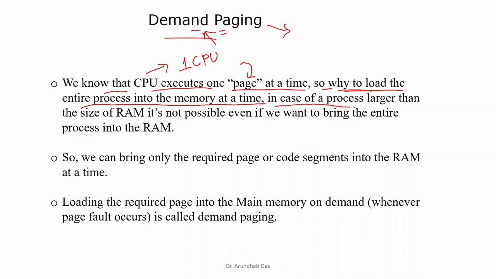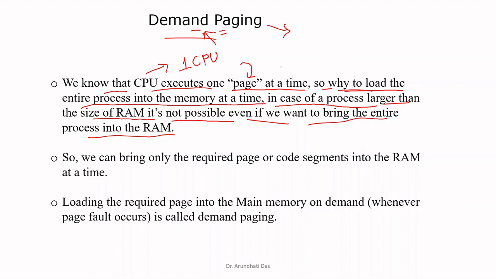In case of a process larger than the size of RAM, it's not possible even if we want to bring the entire process into the RAM. So two things are there. One is that if my process is larger than the RAM, I have only one option: page by page I will load it into my RAM.